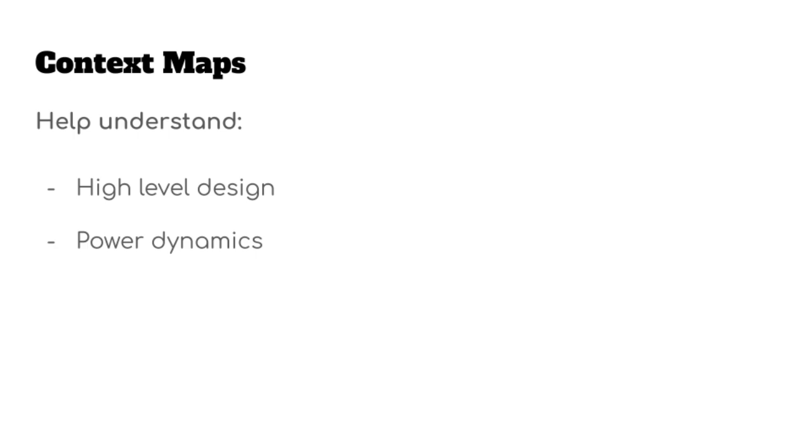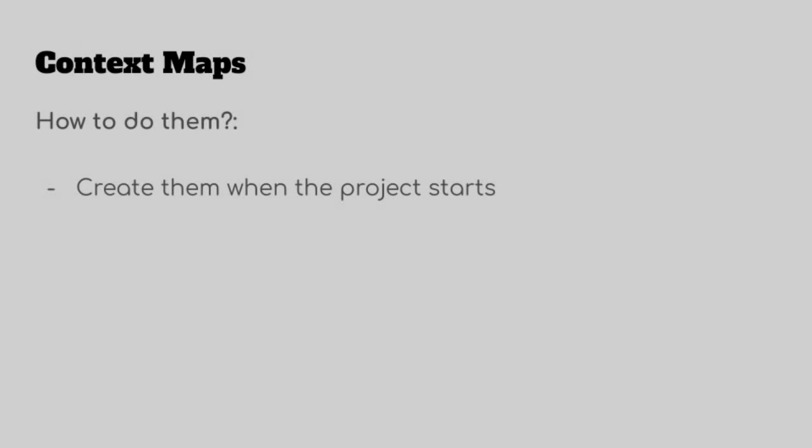Power dynamics. By having the communication patterns explicitly documented in the diagram, you get a better understanding of the politics and power dynamics within your company and with third parties. For these reasons, it is important to have a context map from the beginning and to keep it updated as the project evolves.